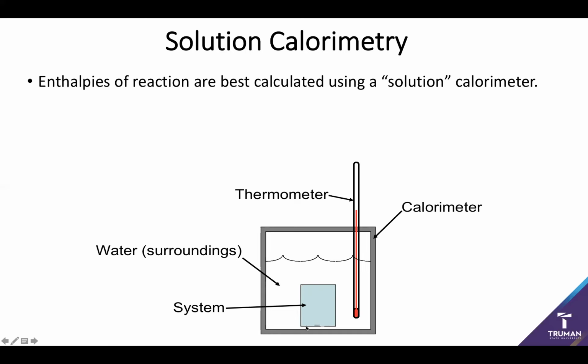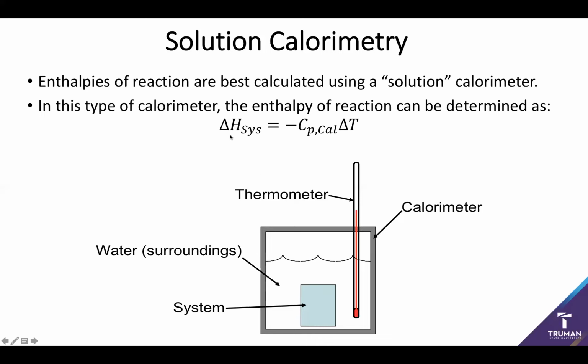So then I can look at how my system loses heat to the surroundings, and then I can leave it open to the surroundings because all I need to have is a constant pressure on my aqueous surroundings, which in turn will present a constant pressure on my system. Any sort of expansion of the system or my surroundings, I don't really have to watch out for.